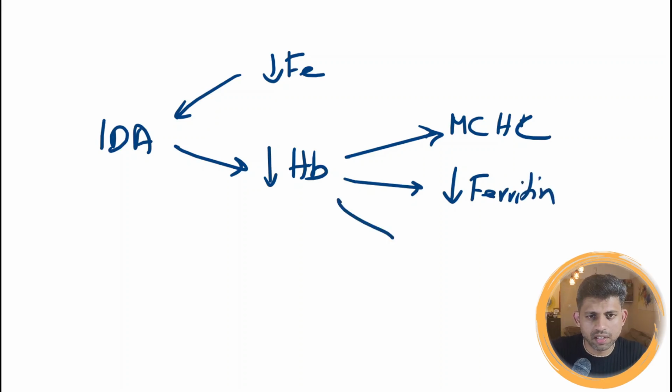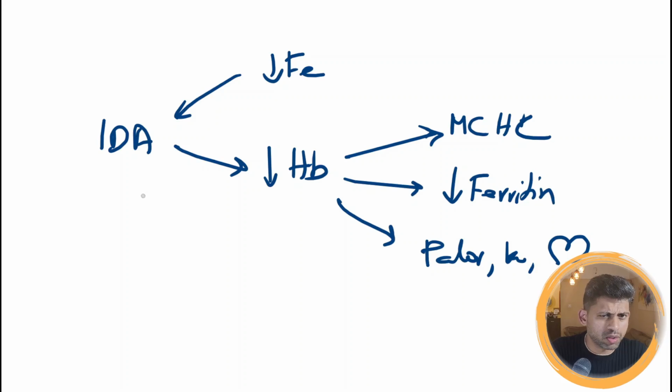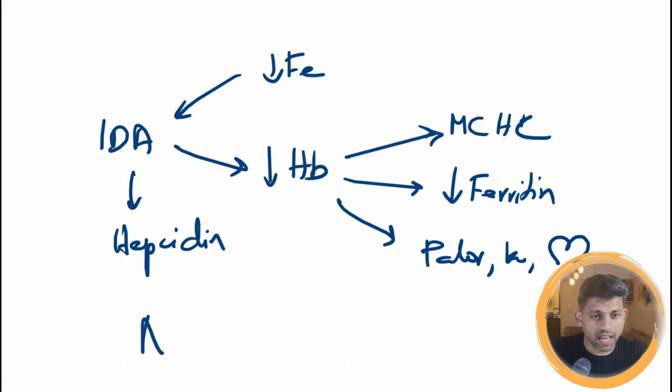And clinically, you may get pallor, koilonychia, heart failure, etc. Also, we had learned that hepcidin is the master regulator of iron. In the next video, we look at anemia of chronic inflammation where hepcidin plays a major role.